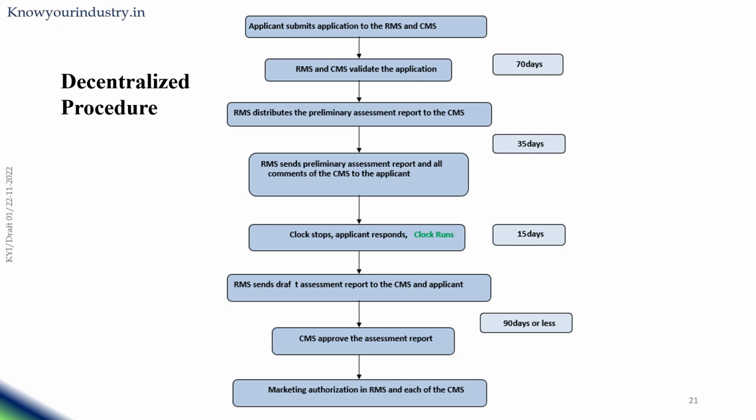It again takes 35 days, and the RMS sends the preliminary assessment report and all comments of the concerned member states to the applicant. Then there is a clock stop, the applicant responds, and the clock runs. The duration is 15 days for this. Then the reference member state sends the draft assessment report to the concerned member states and the applicant.